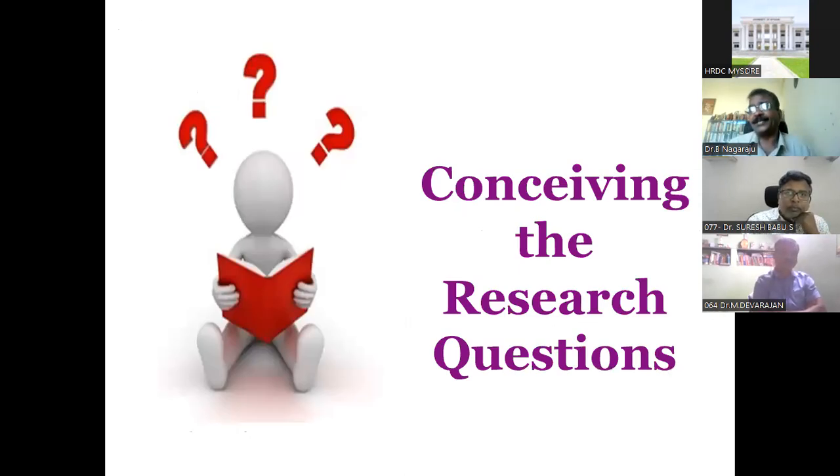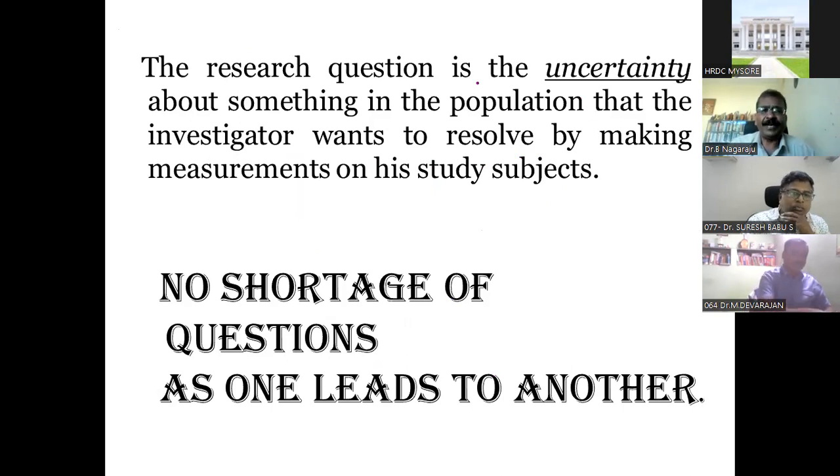By having that research gap, you are going to conceive the research questions. The main thing here is that the research question is the uncertainty about something in the population that the investigator wants to resolve by making measurements on his study subjects. There is no scope for one question leading to another without direction, otherwise he can raise anything.